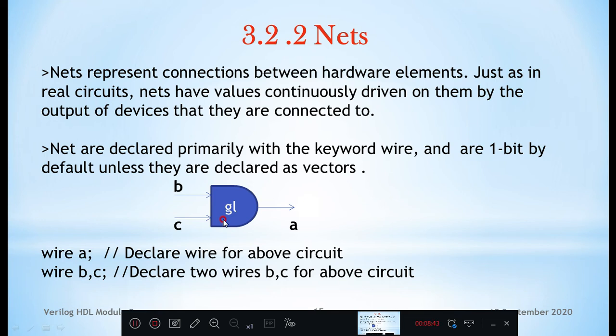So input and output declaration is compulsory when you are writing a hierarchical declaration. All input and output ports represent a wire or net in Verilog.